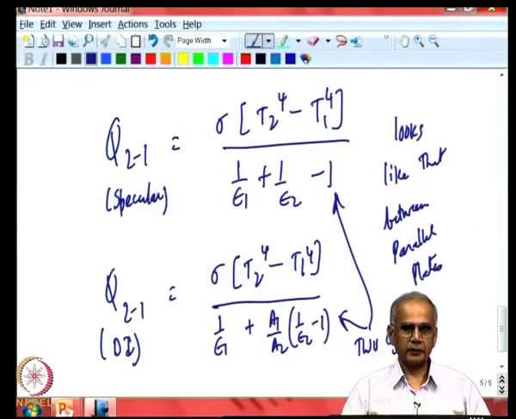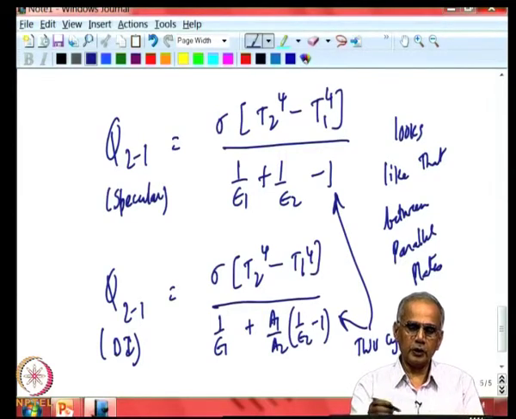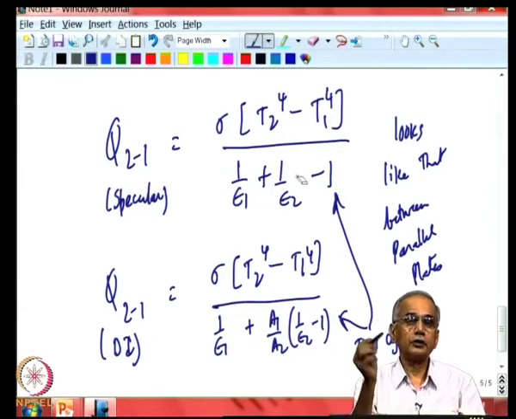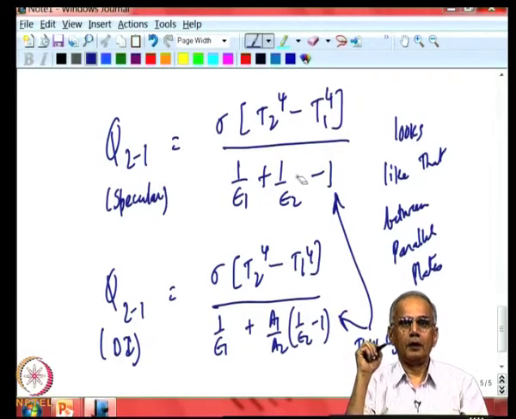So, profound impact, because for example, if you recall, we pointed out that between two cylinders, if they are both DI surfaces, as A2 goes to infinity, the outer cylinder becomes very large, then this term drops out. That is not true in the case of a specular reflector.